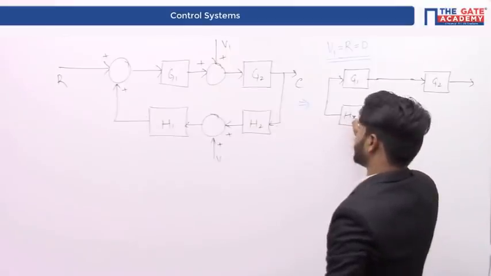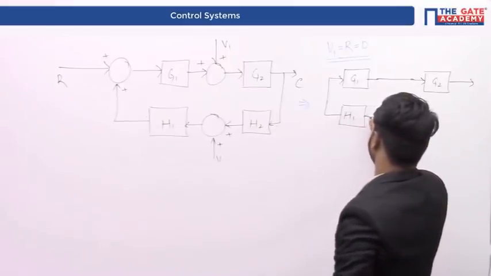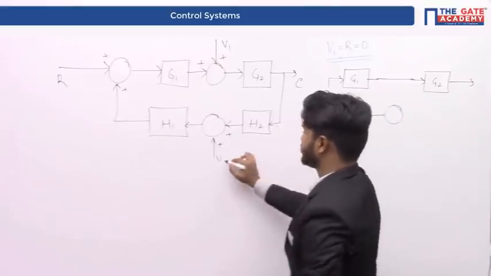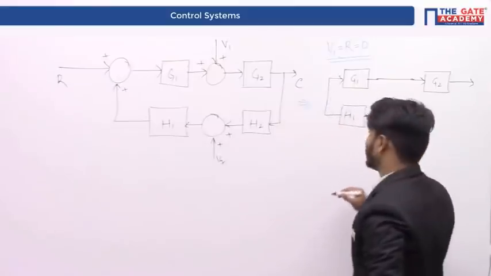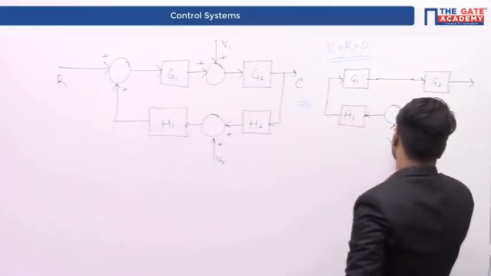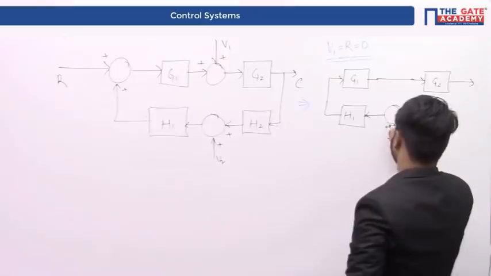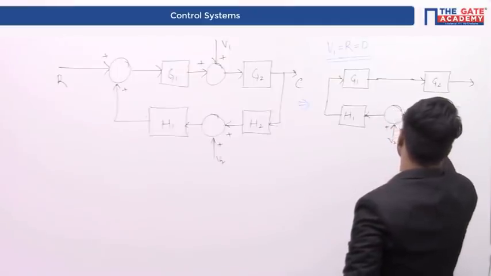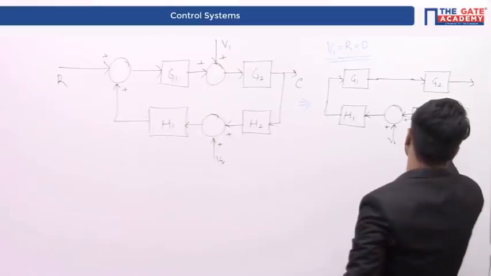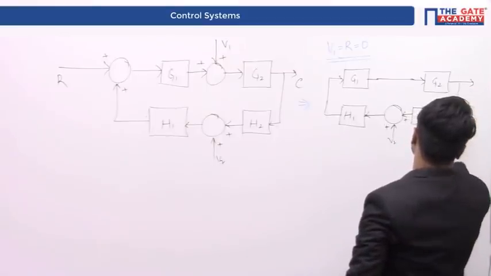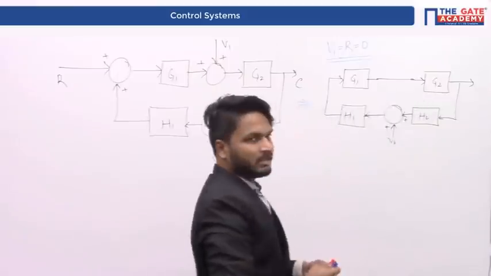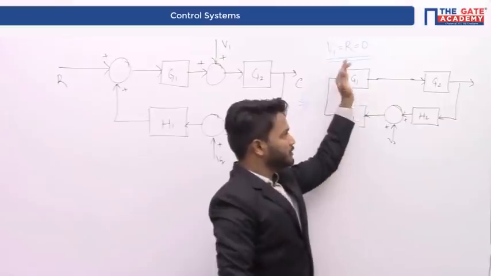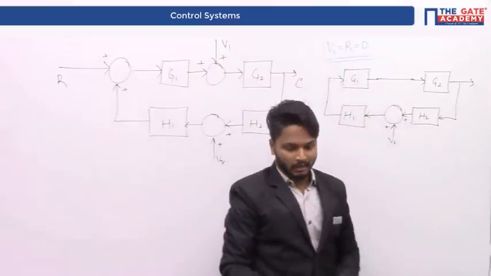So here it is H1 and this summing point cannot be removed because V1 is our input of interest. Therefore, V1 will be here. So you can clearly see that the forward path is formed by H1, G1 and G2 and the feedback path is formed by H2.